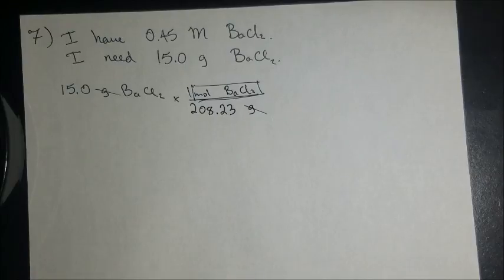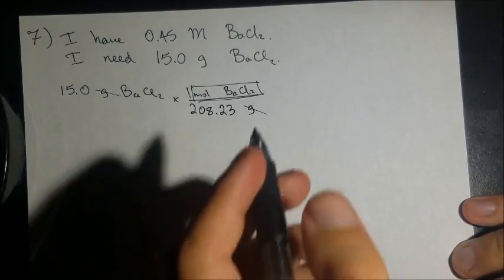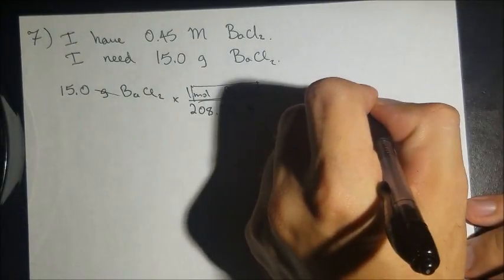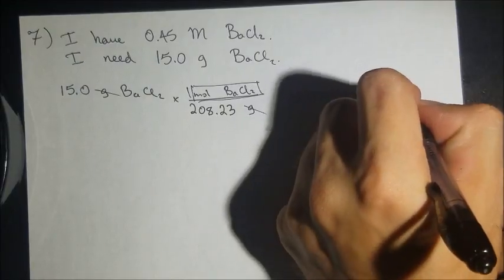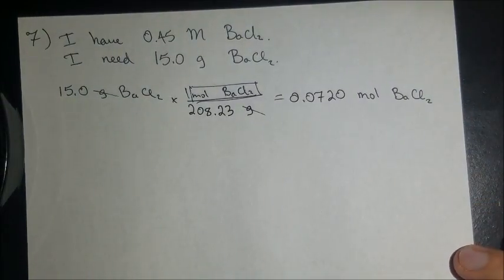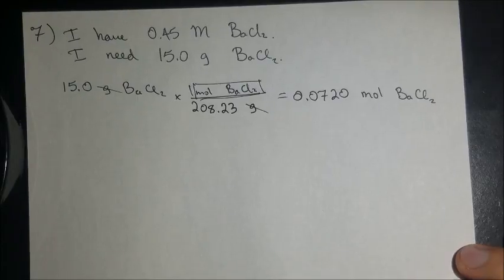Let me plug that into my calculator here, and I'm going to get 0.072 moles of barium chloride. Okay, so that's the number of moles of barium chloride I have. Now it's fairly easy to relate it to molarity because molarity has moles, and maybe there is a unit in there that we can cancel so that we can end up with liters.